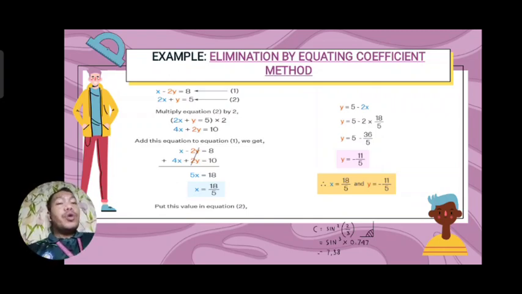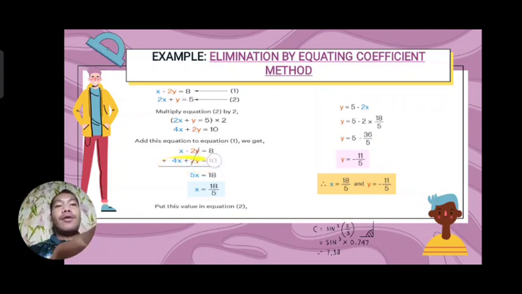To do that, we multiply the second equation by 2. So 2 times 2x is equal to 4x. And then 2 times y is equal to 2y. And then 2 times 5 is equal to 10.